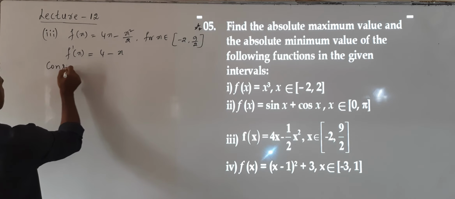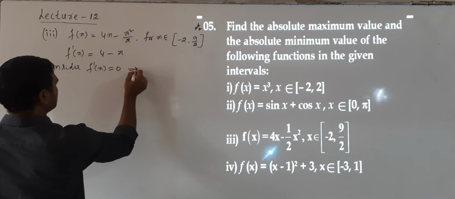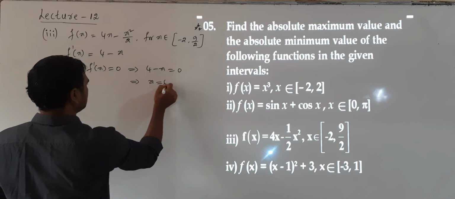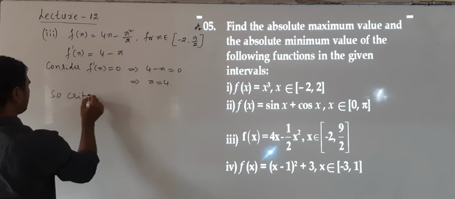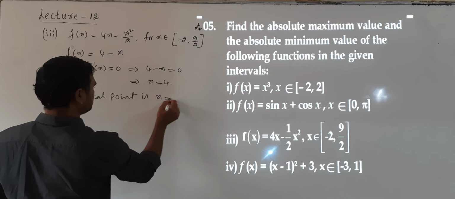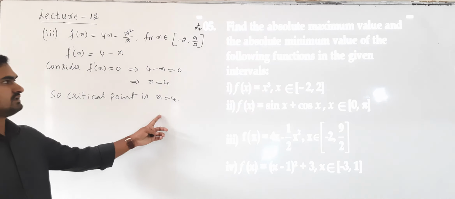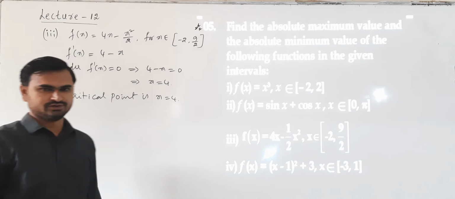Consider f dash is 0. 4 minus x is 0. What is the x value? The critical point is x equal to 4. Now after finding the critical point, let us find the function value at the end points and also at the critical points. Okay.